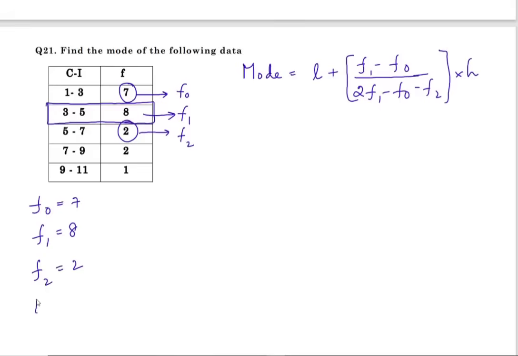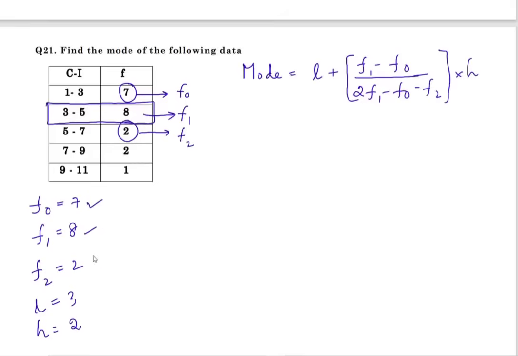What is L here? L is the lower limit of the modal class. This is the lower limit, this is the upper limit. What we want is L, that is the lower limit, which is 3, and class size H is 5 minus 3 or 3 minus 1. Upper limit minus lower limit is 2.